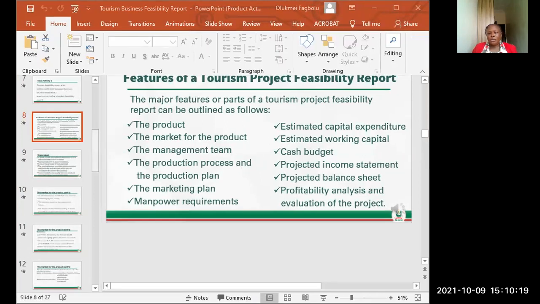All these components are supposed to be present when we are writing a feasibility report. And we treated all of them one after the other last week.